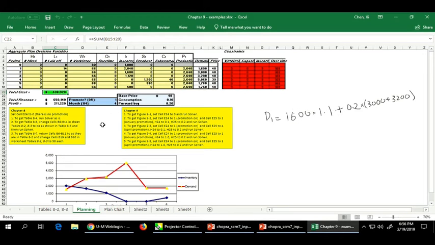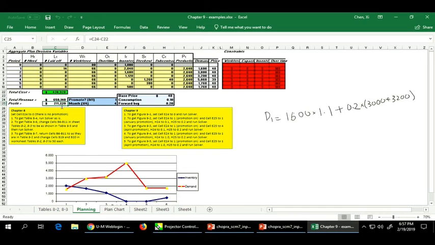And the total profit is slightly lower than promoting in January. Alright, so comparing between these two strategies, it will be best for us to promote in January.